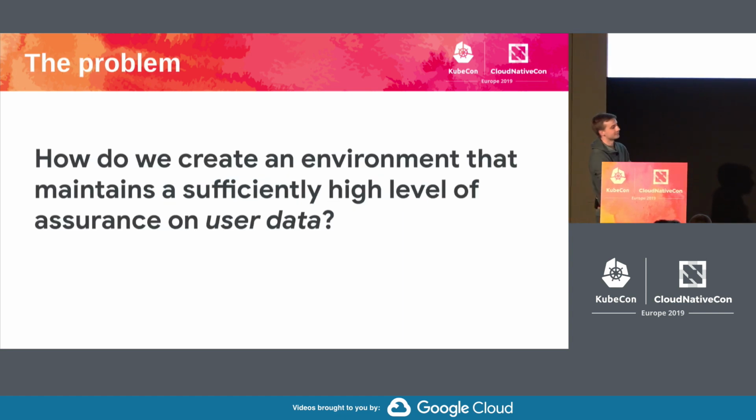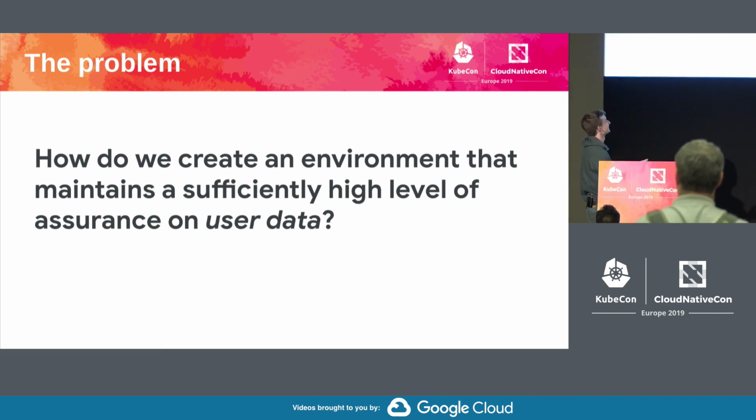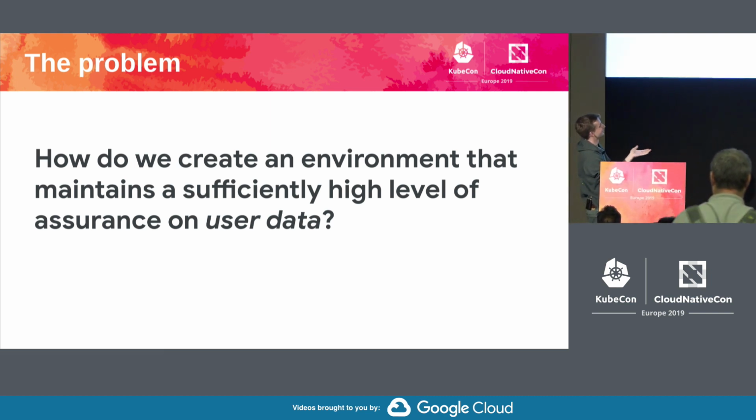Which brings us to the problem that I want to cover in this talk. So how can we create an environment that maintains a sufficiently high level of assurance on user data? So what is sufficient here? What is assurance? This is far too vague to be turned into a feature request.